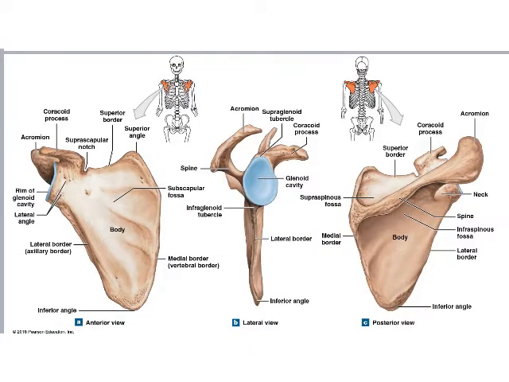If we look at the scapula now in a bit more detail, you're going to see there's actually a lot of parts on the scapula that you have to learn. Let's just start by talking about the borders, because most of these will be self-explanatory. If we're looking here at an anterior view, so if you removed the ribs and you're looking straight on from the front, you could see the whole scapula because the scapula sits posterior.